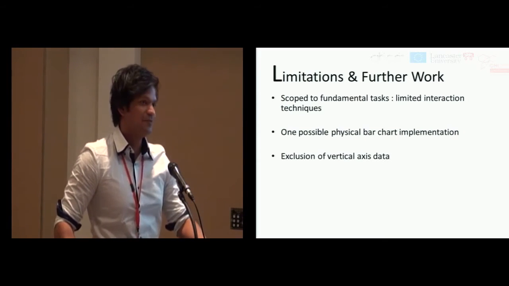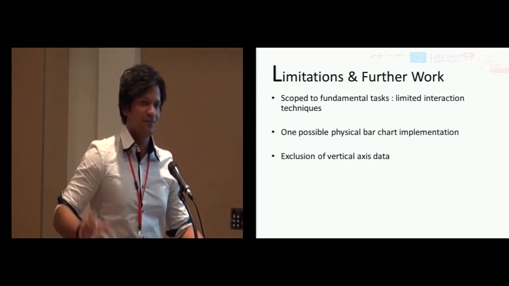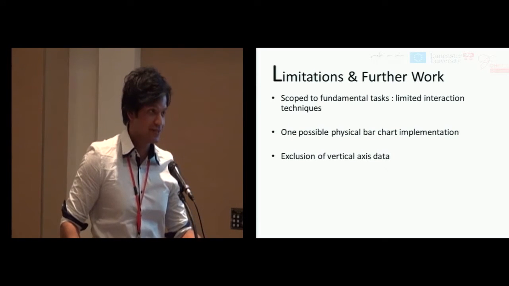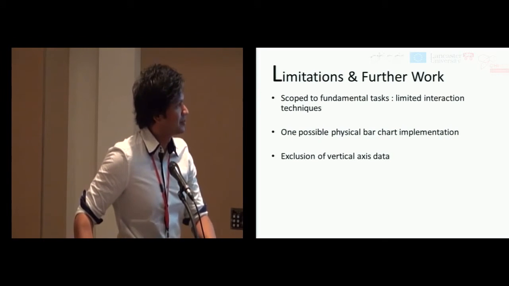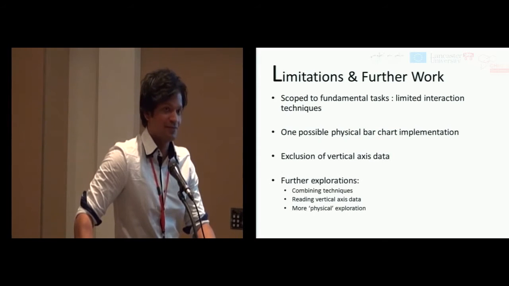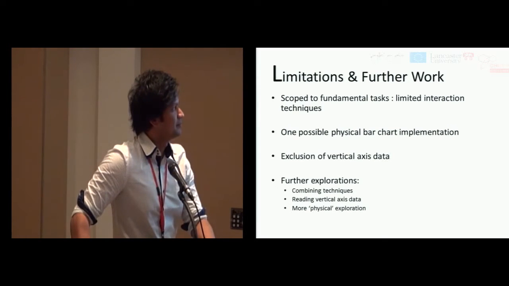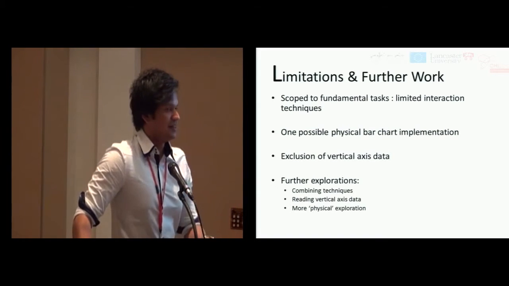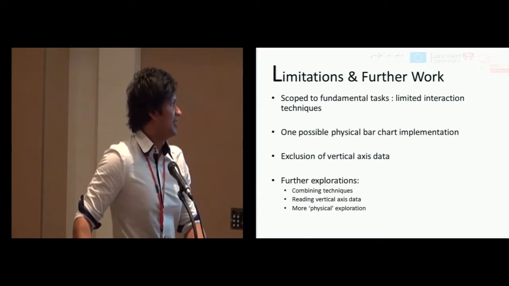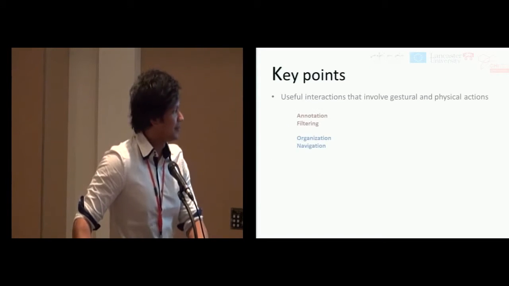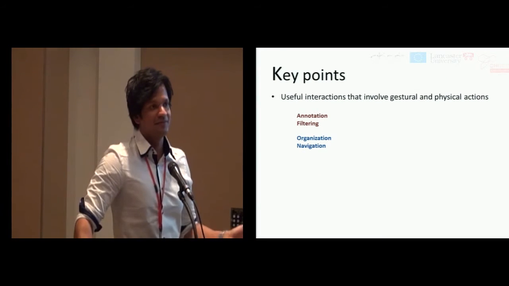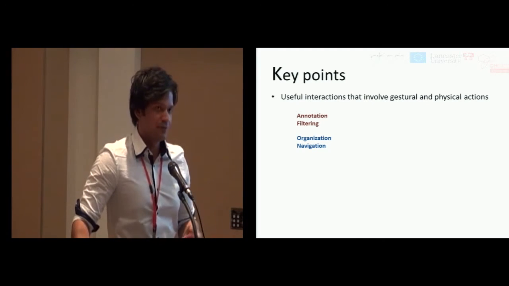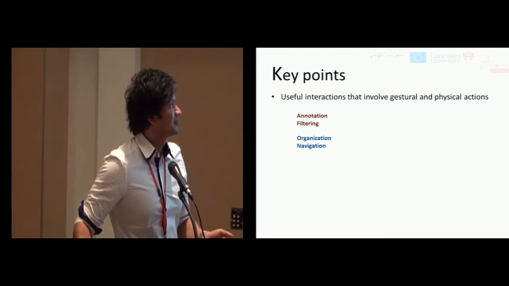We also excluded reading values from the height of the bars, because there's many ways of doing this, and we want to explore this as part of future work. For this paper, we basically wanted to scope our investigations. And like I said, this is part of future work. And given that participants like to physically interact, we would also like to explore more physical interaction techniques.